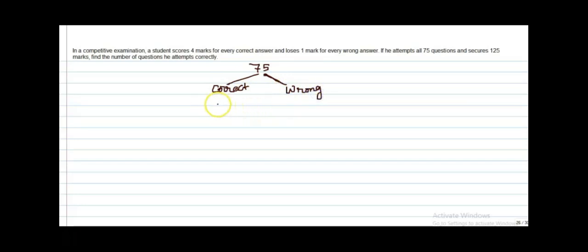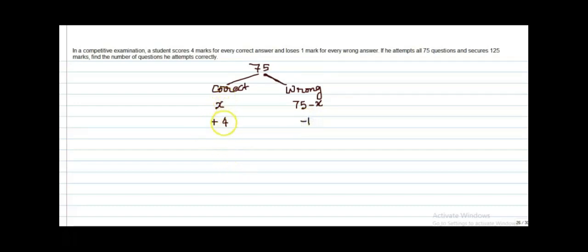Let me assume that x is the number of correct answers and then the remaining are wrong. It means 75 minus x are answered wrongly. Now for every correct answer he secures 4 marks. That means plus 4 marks. And for every wrong answer he loses 1 mark. So it's going to be minus 1.